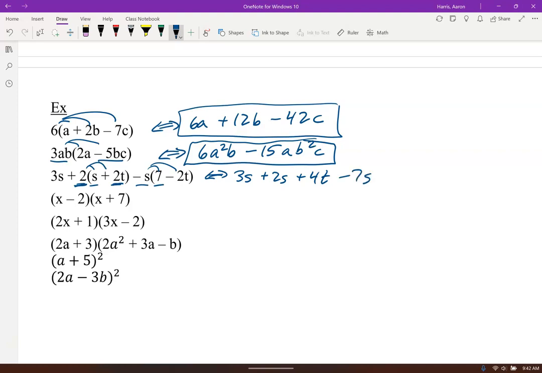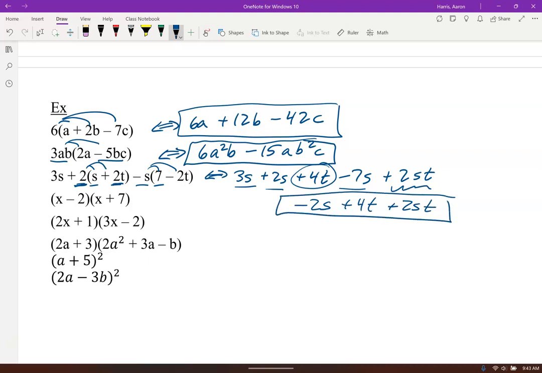Negative s times a negative 2 is a positive 2st. And combine any like terms. 3s plus 2s is 5s, minus 7s is a negative 2s. And then 4t looks like that's all alone. And then plus a 2st is also all alone.